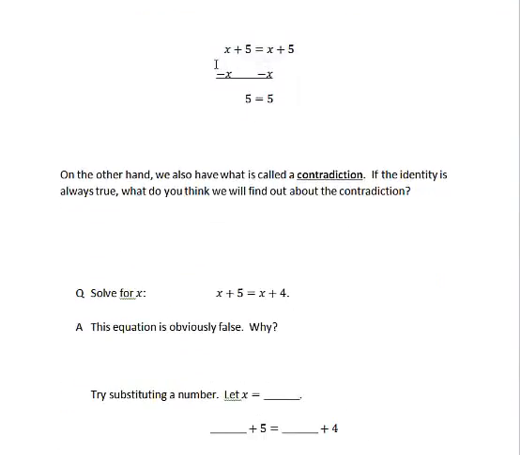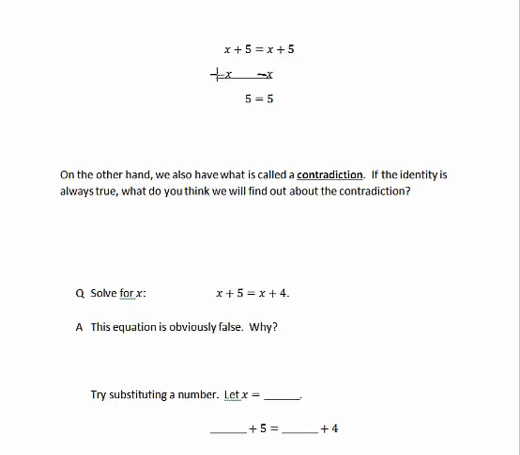Alright, here's the usual way that we'd go about it. If we had no idea what an identity equation was, then more than likely if we solve this equation we would say, well, the x's are on opposite sides and they're like terms and I want to combine them. So to move one to the other side, I change the sign.